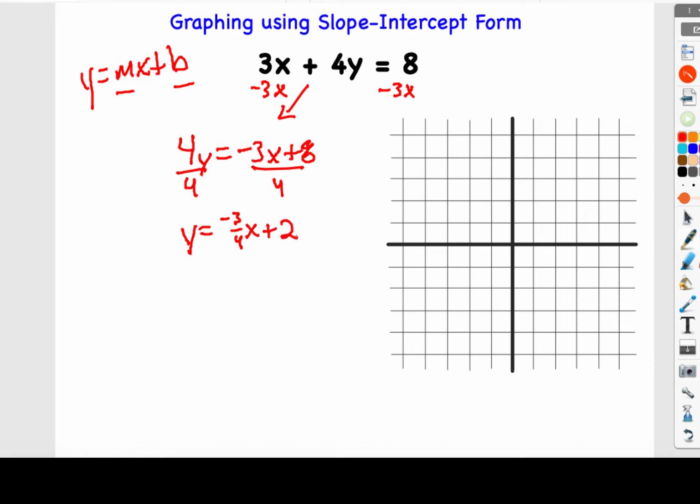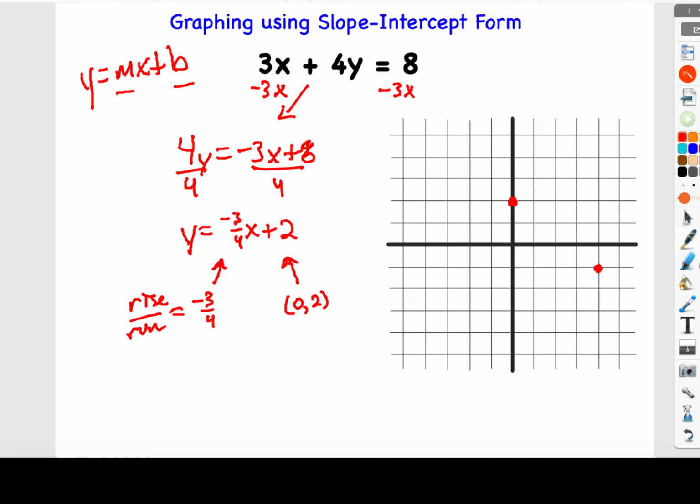Let's start up at 2, because this is going to be our y-intercept, 0, 2. But now we also have a slope, rise over run, of negative 3/4. So I'm going to fall 3 units, go right 4 units. Now I don't really have any more room on my graph, but remember I could also go the other direction.